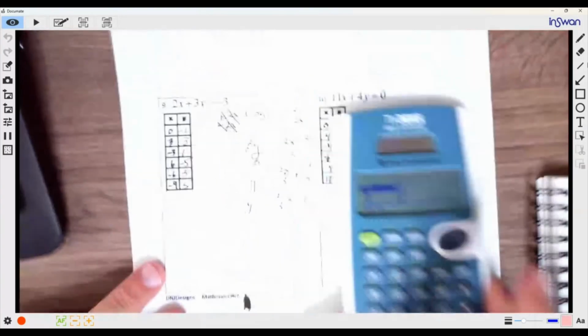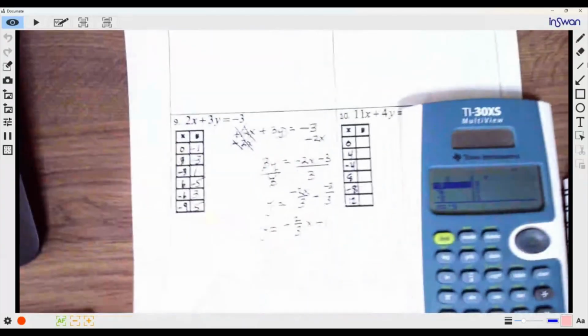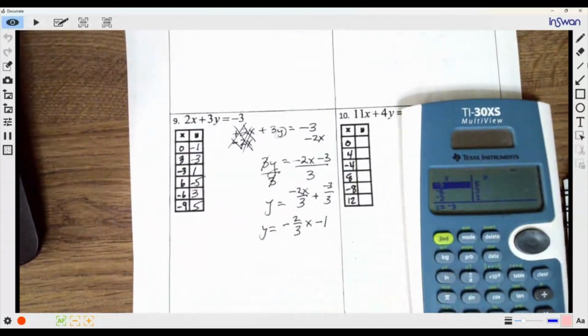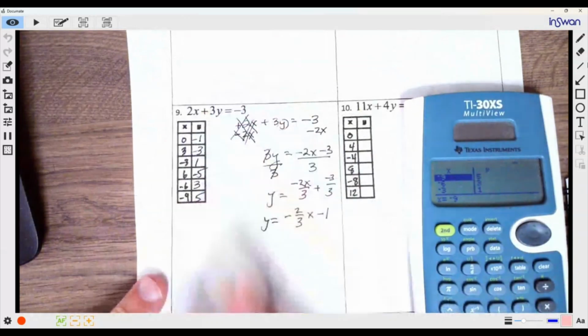There is that problem worked. You're making this way too hard. Here's why this is so important. You're not always going to be asked to just find some simple table of values.